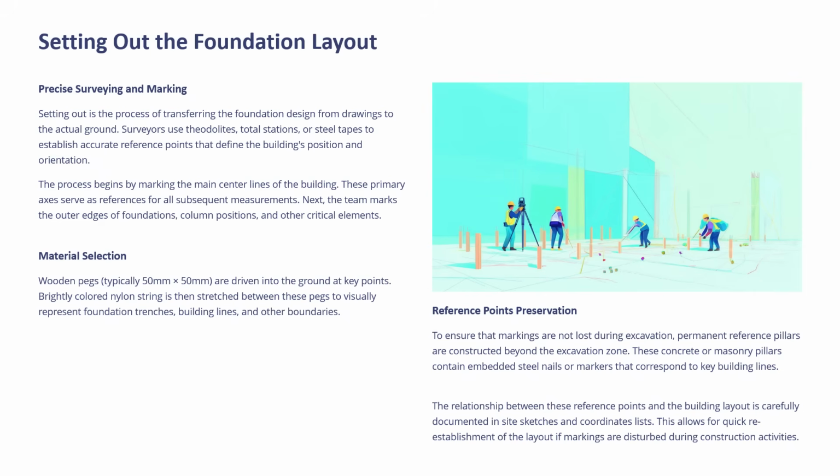So first of all, you establish the center line of the foundation, and then the outer line of the foundation and the column footings are marked. For this, we generally use wooden pegs of size 50 millimeters by 50 millimeters, which are driven into the ground at key points.